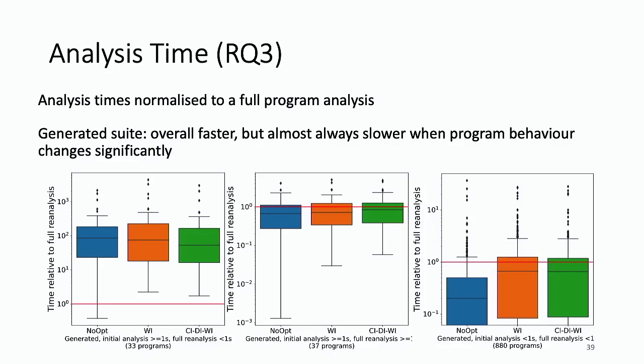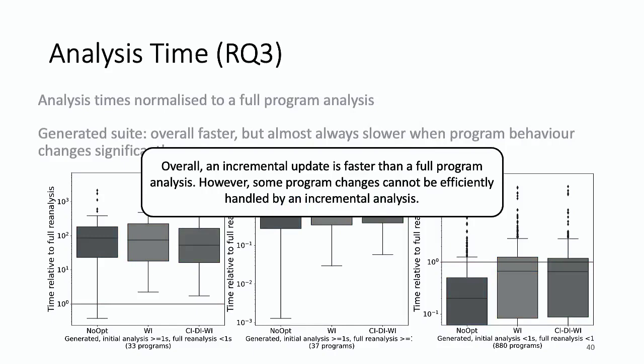And that's, of course, because you have to invalidate and recompute, whereas a full update may just recompute and doesn't have to invalidate. However, in other cases, we see that we're overall still quite a lot faster than a full analysis of the program, which is, of course, promising. So overall, an update is faster than a full program analysis, but you cannot expect it to be faster in all cases.